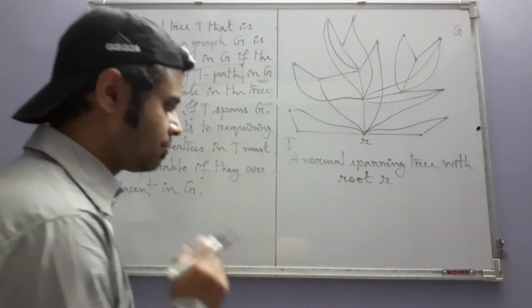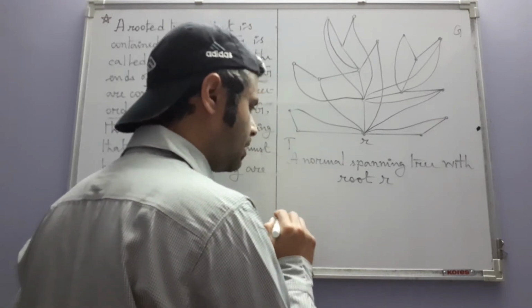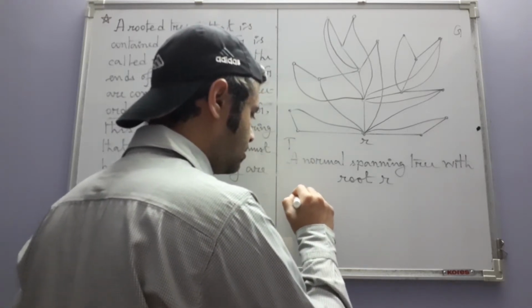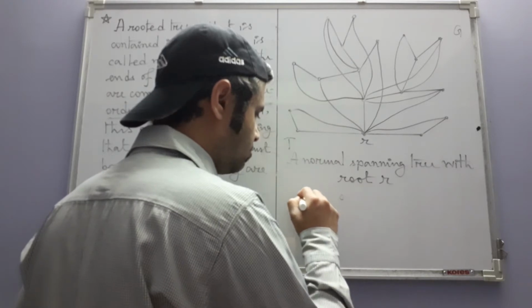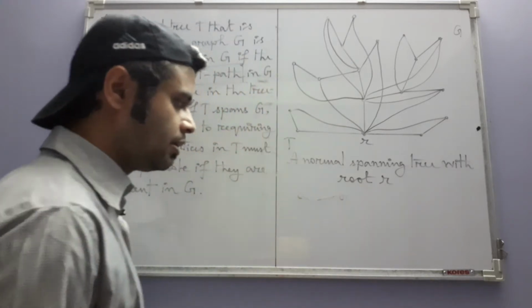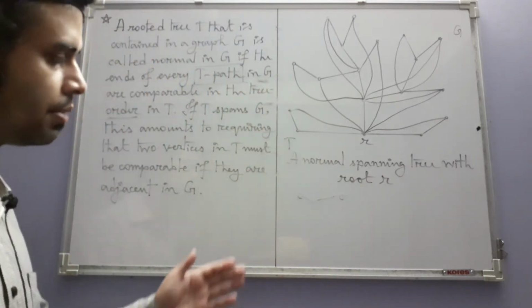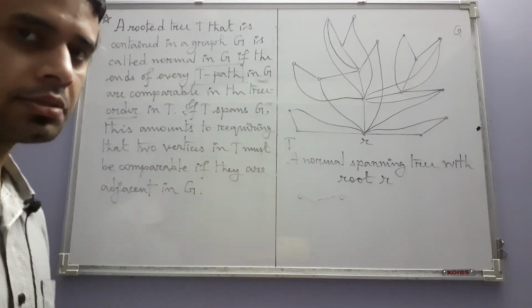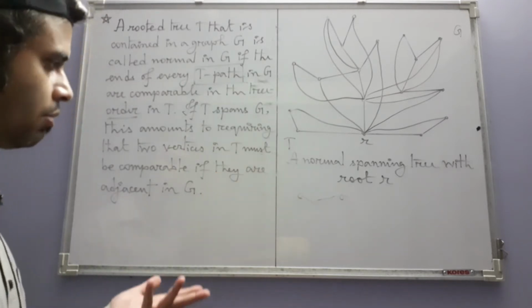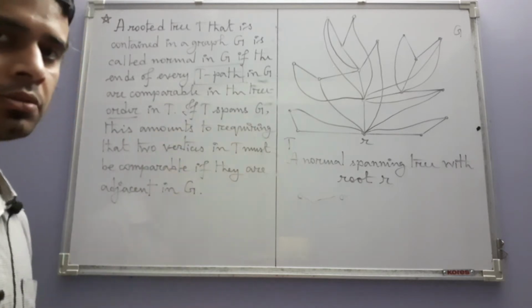Now in that we have seen that in a tree any two vertices are joined by a unique path. There is a unique path linking any two vertices in a tree. One may confuse that with a T path.